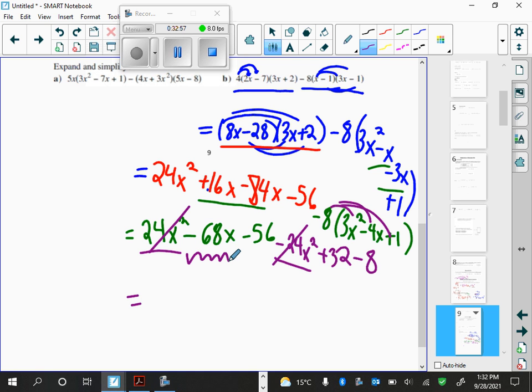Negative 68. And sorry, this should be a 32x. Is negative 36x. And negative 56 subtract 8 is negative 64. Everybody get that? Thank goodness it's confirmed by each row.